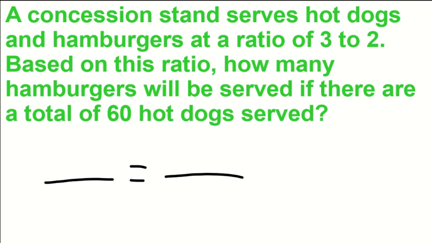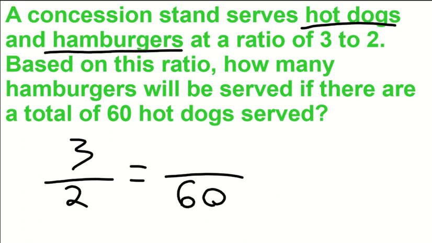3 over 2 on the left. All right, so you had 60 on the bottom. If we look, it says hot dogs and hamburgers.